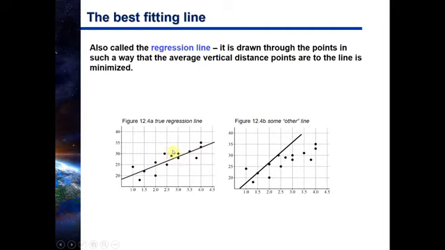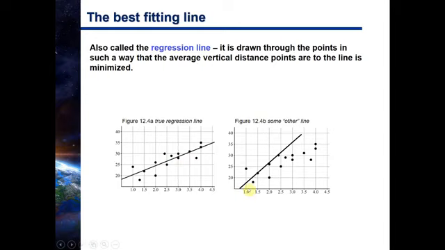So obviously some of the points are going to be close to the line and others are not so close, but on average, if we calculated the average vertical distance that points are to the line, that number would be as small as we can get it, okay? Now contrast this with this line here.